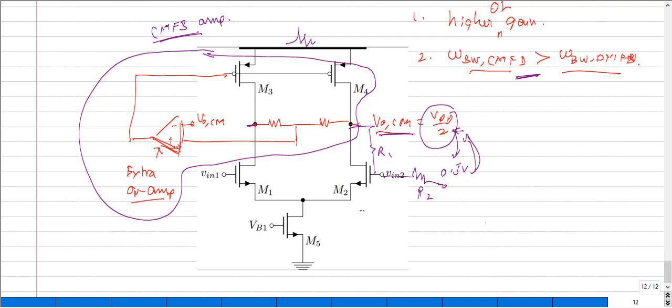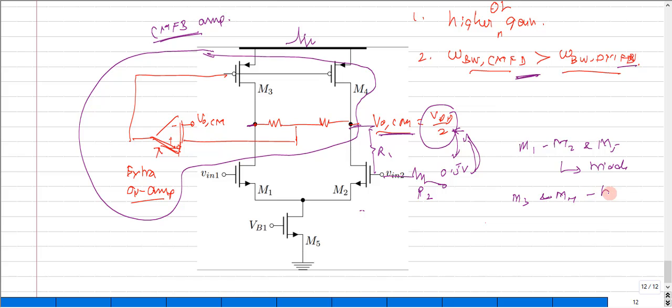If my differential mode feedback has a bandwidth that is higher than the common mode feedback, then momentarily the gain between the differential input and the differential output would drop, because either M1, M2 along with M5 might get into triode, or depending on how it has been shifted, M3 or M4 would get into triode.